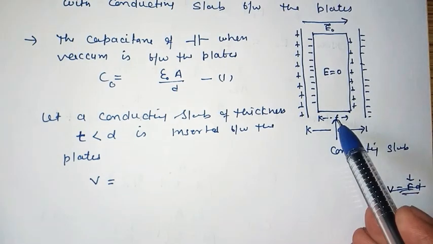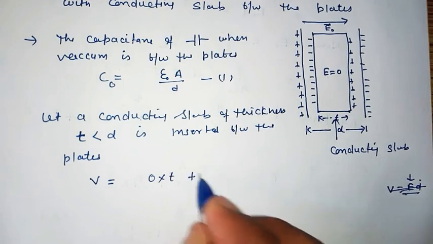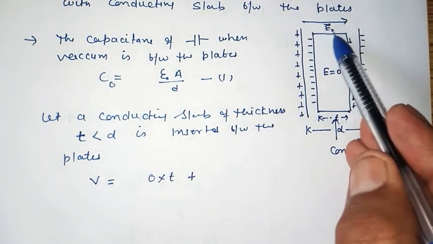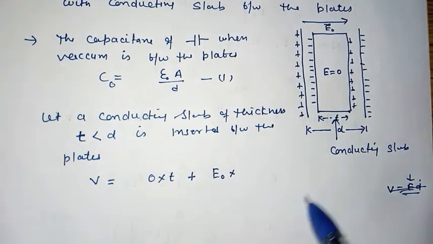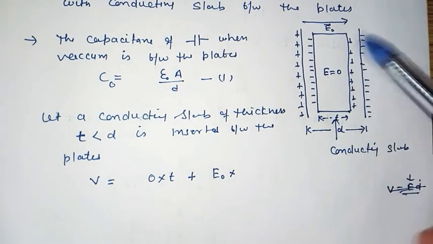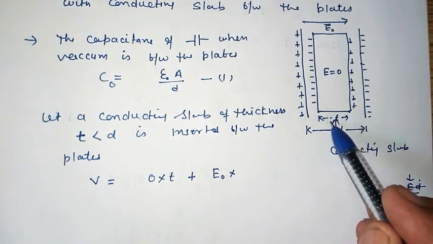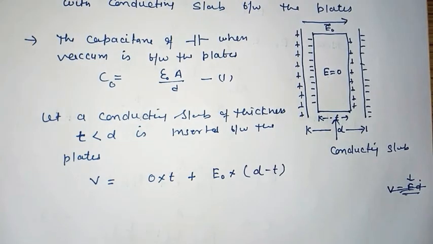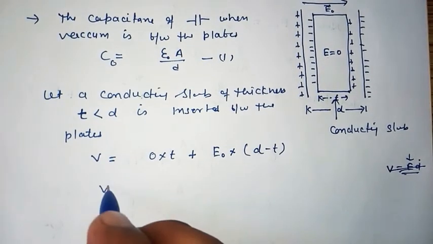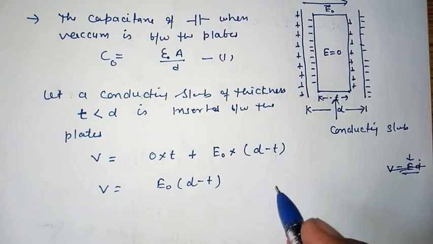So 0 into T, this will become 0. 0 into T plus, now the applied electric field is E naught. E naught into, what is the space left? Total distance was D minus T. So V equal to E naught into D minus T.